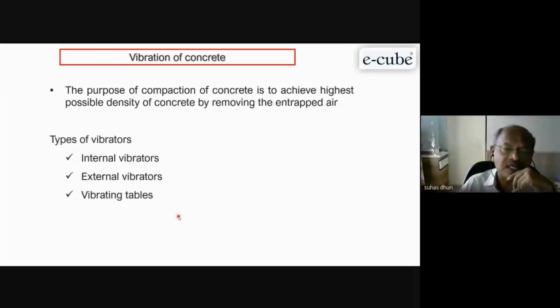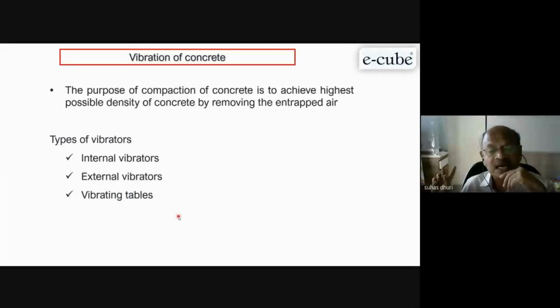If the flow is there, it also needs to be vibrated with the appropriate time. Except if you have self-compacting concrete. Self-compacting concrete is not advisable to vibrate. But any other concrete needs appropriate vibrating time.